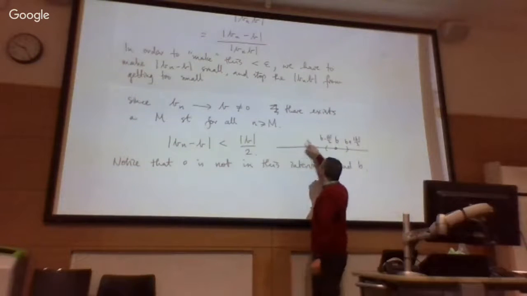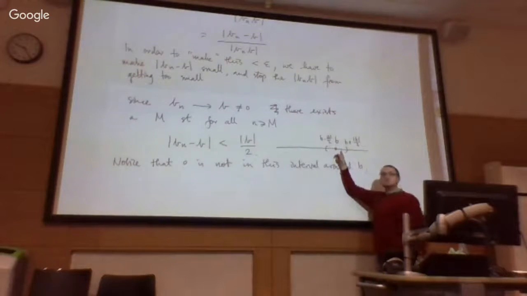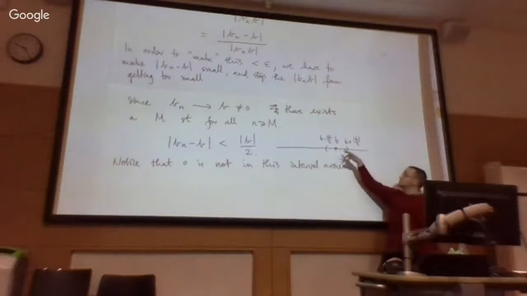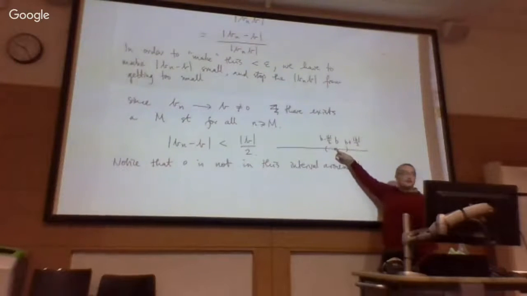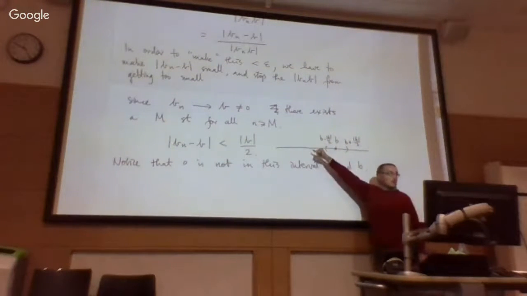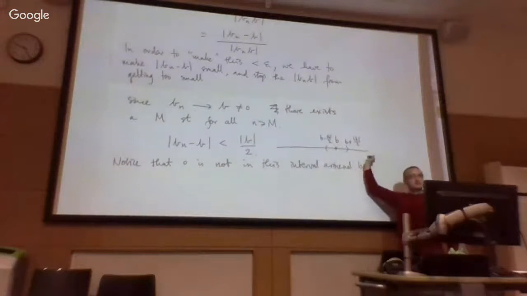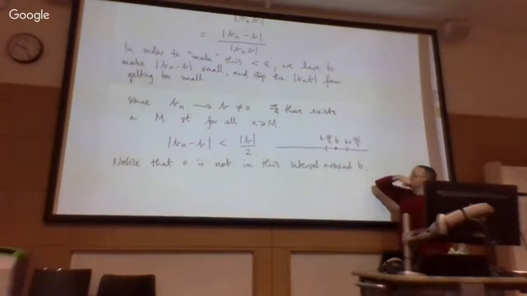And so all of the elements of the sequence after the point capital M are inside this interval. That means I can control the size of those. The ones inside this interval have absolute values that are at least the smaller of these two endpoints. Which endpoint has the biggest absolute value depends on where 0 is, on the left or on the right, but I can just use the minimum of those two.